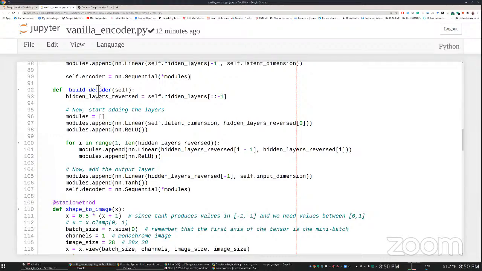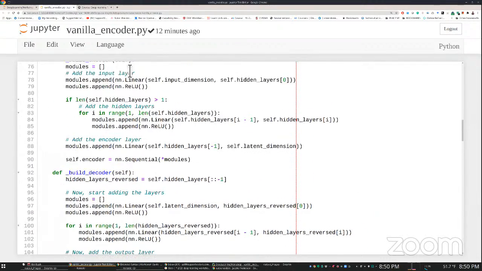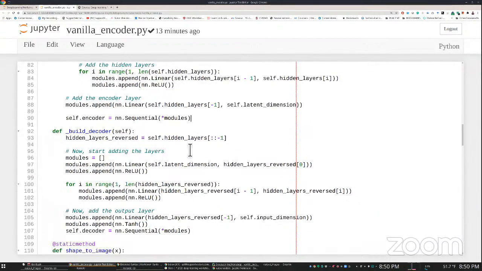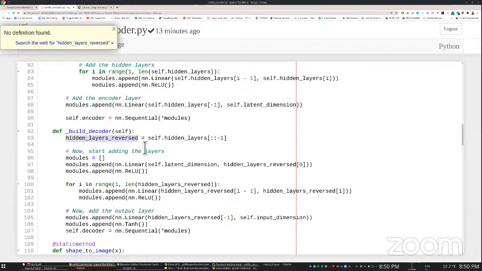What I did is that I took the list of modules that I have here and I have just reversed it. Do you notice that? This is, by the way, a very Pythonic way of doing it. This creates a list that is the reverse of the hidden layers list, right? So now instead of each layer being smaller than the previous layer, each layer will be bigger than the previous layer in the reversed list.